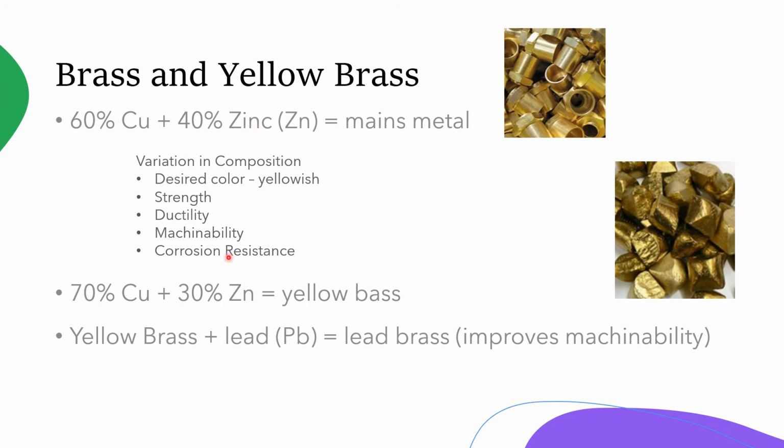That's the reason why we're playing with these percentages. So if you add lead to the yellow brass, which is this one, you add plus Pb, you're going to get a lead brass. So lead brass is really good because it improves the machinability.